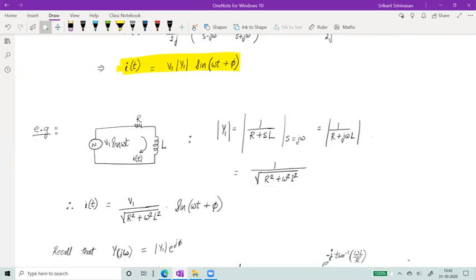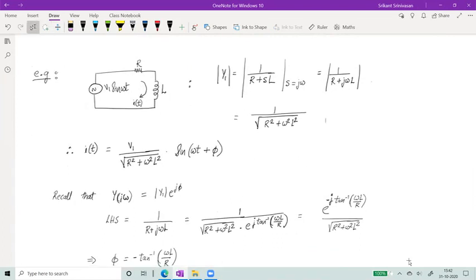Therefore, the phase is going to be equal to what? Y of j omega is equal to Y1 into e power j phi, and the LHS, which is Y of j omega, is 1 by R plus j omega L. That's what I wrote over here: 1 by R plus SL became 1 by R plus j omega L. This can be written as the magnitude term, root of R square plus omega square L square, times e power tan inverse omega L by R in the denominator.